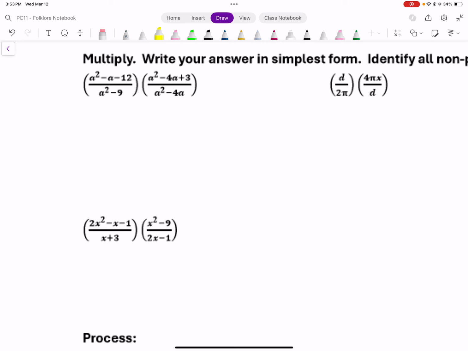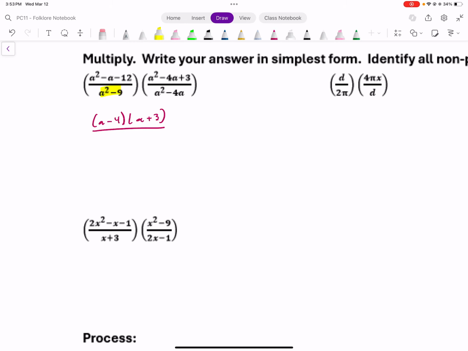You may want to press pause and factor all these polynomials. So press pause, give it a go. What we see is that this first one, a squared minus a minus 12, is factored into a minus 4, a plus 3.